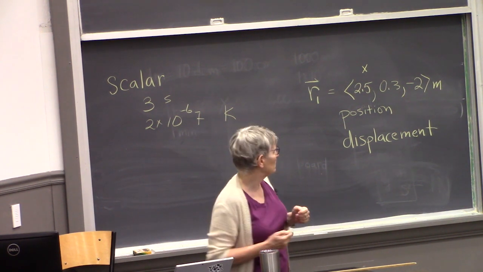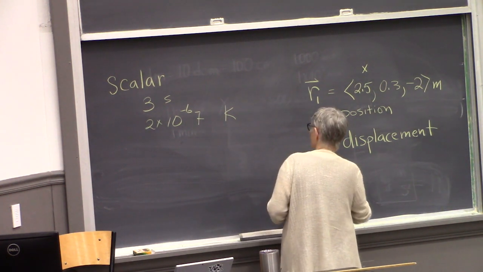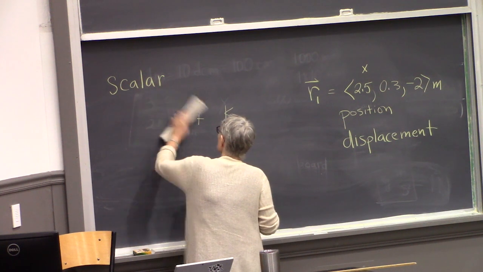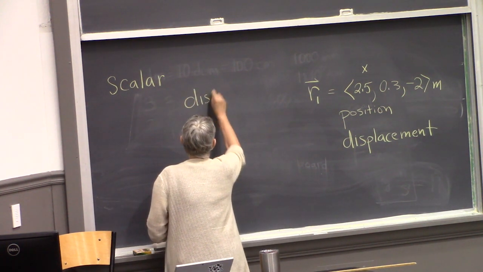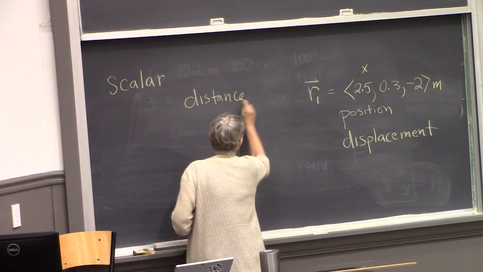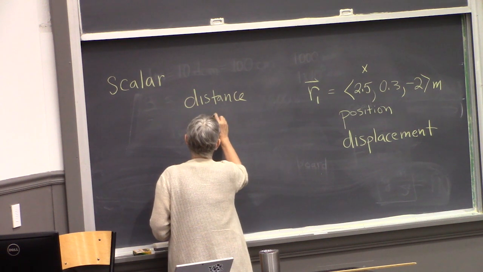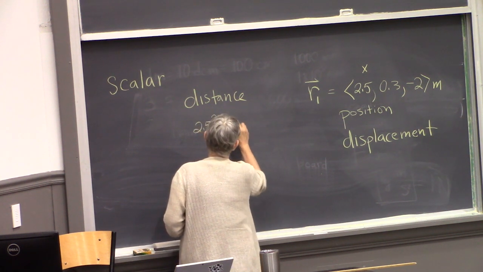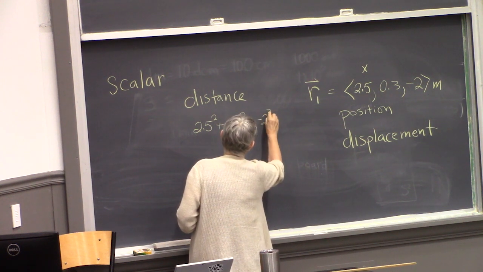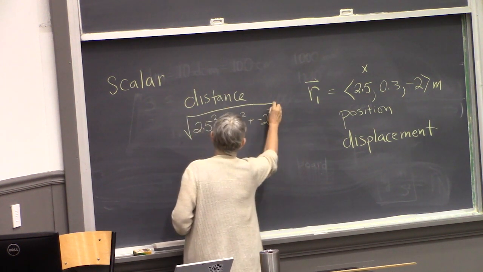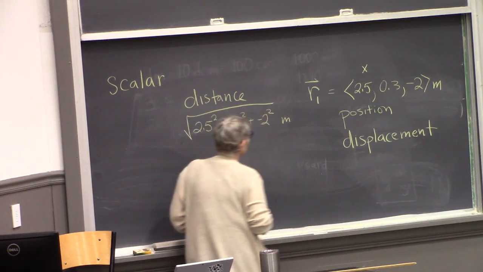We have 3 dimensions here, so the distance is going to be the square root of 2.5 squared plus 0.3 squared plus minus 2 squared, in meters.